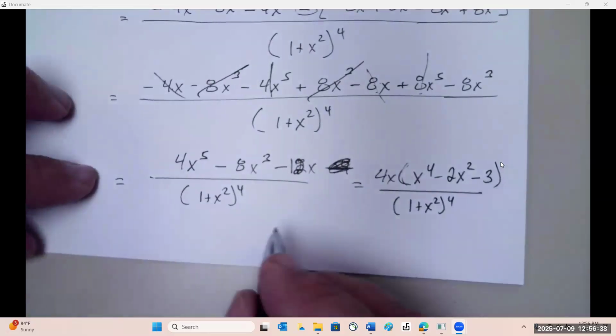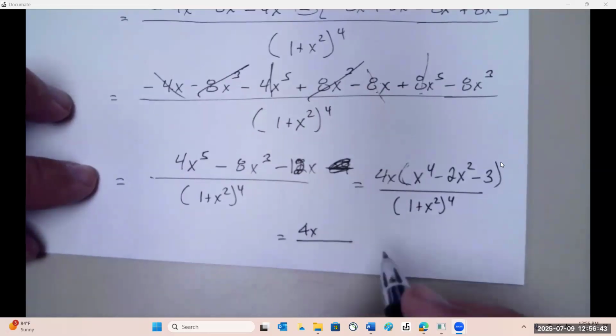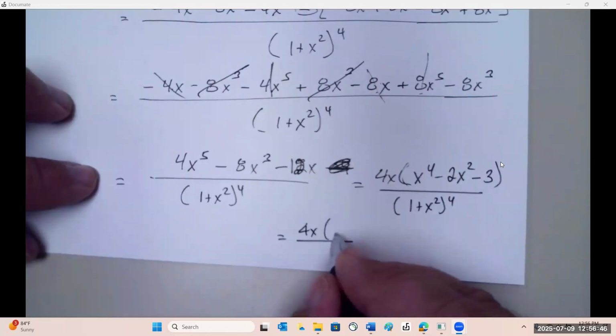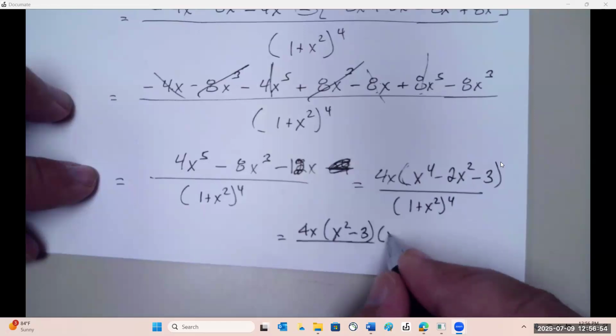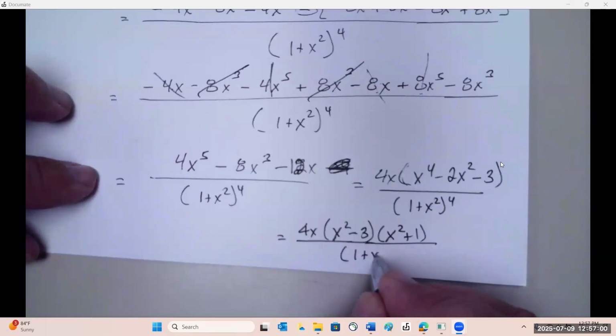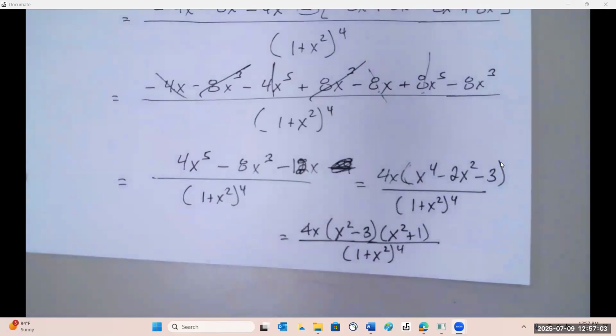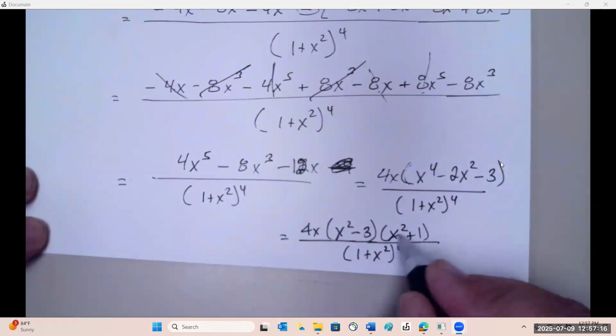This is quadratic in form. So we have 4x, and we can factor that one: (x squared minus 3) and (x squared plus 1). x squared plus 1 and 1 plus x squared are the same thing, so one of those can cancel.